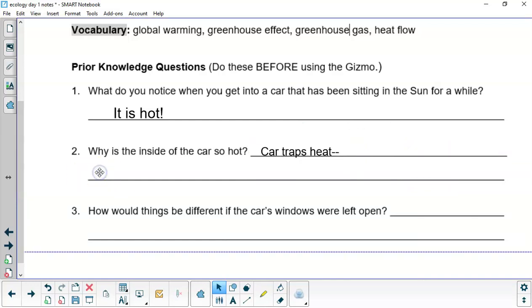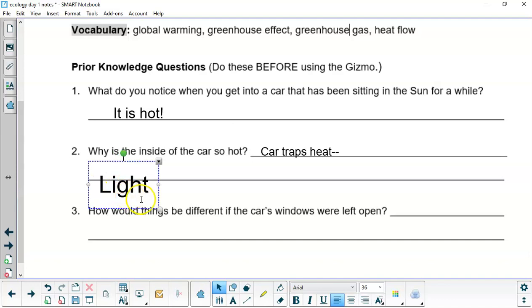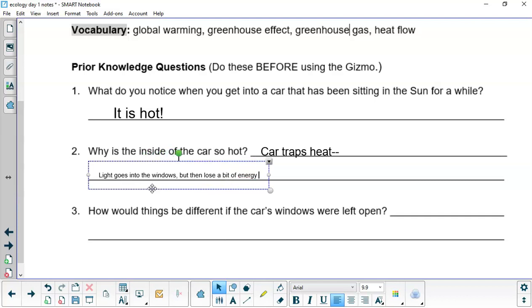So light goes into the windows. Okay, so the light energy gets in the windows, but then loses a bit of energy, and the heat cannot get back out of the windows.